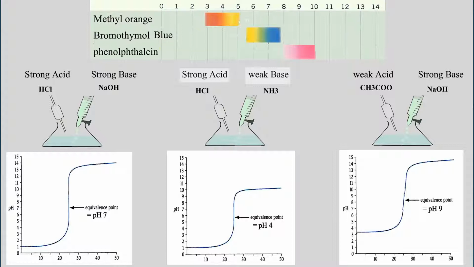So what will be the best indicator to use to measure the change? Methyl orange. It will give the best indication. Weak acid and strong base, they change at pH 9. What will be the best indicator to use to measure this change? Phenolphthalein.